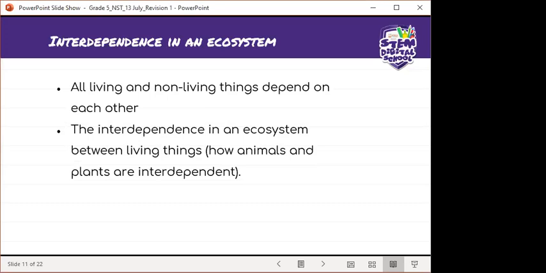All right, so an ecosystem is a community of living things that depend on, comma, and interact with each other and the non-living things.